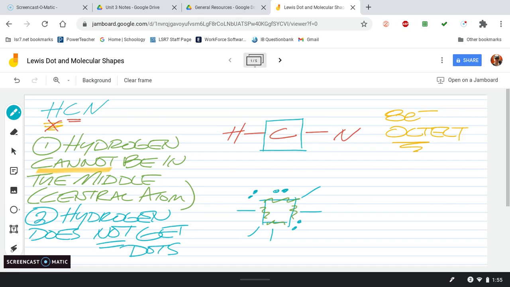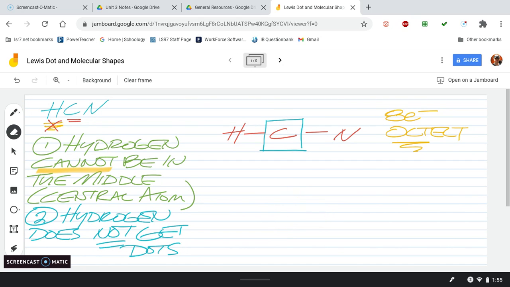So right now you get 4 attachments. You have 4 sides to your box, and every side can have 1 item. So the items can be a bond, that's what the line is, or a pair of dots, but only 4. 1, 2, 3, 4 sides to your box, so 4 attachments.